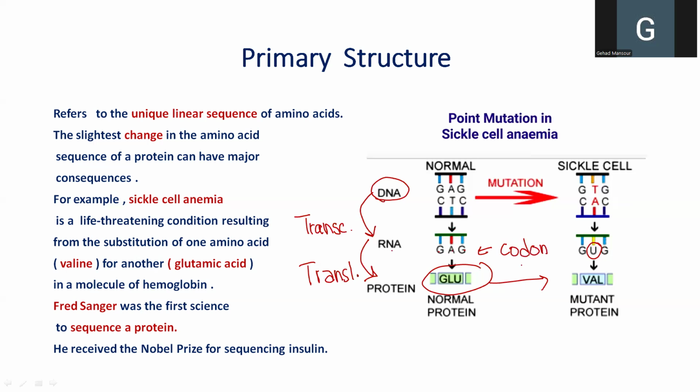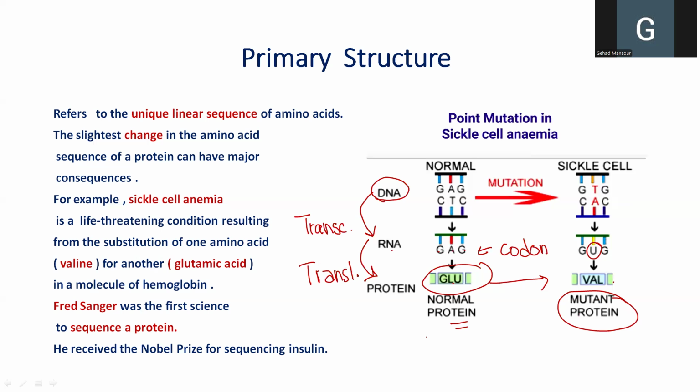And if you haven't already studied DNA and RNA and nucleic acids, this is no problem, because we will be studying this in full detail in this section and in the section on molecular biology. Of course, if you replace glutamic acid by valine, then the protein is now a mutant protein.